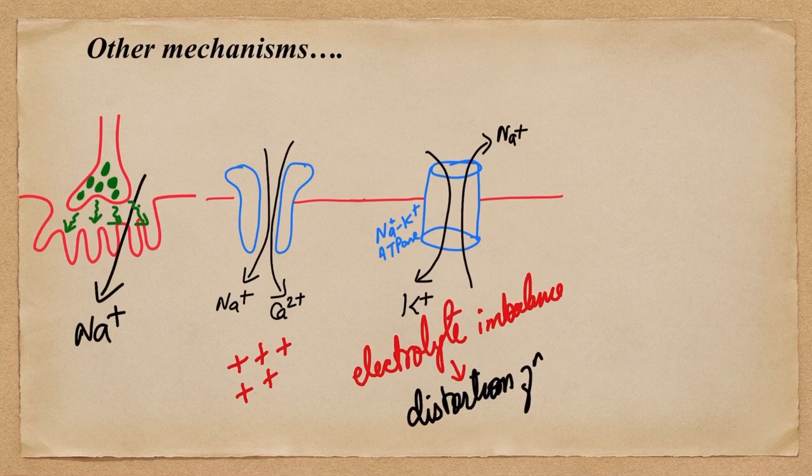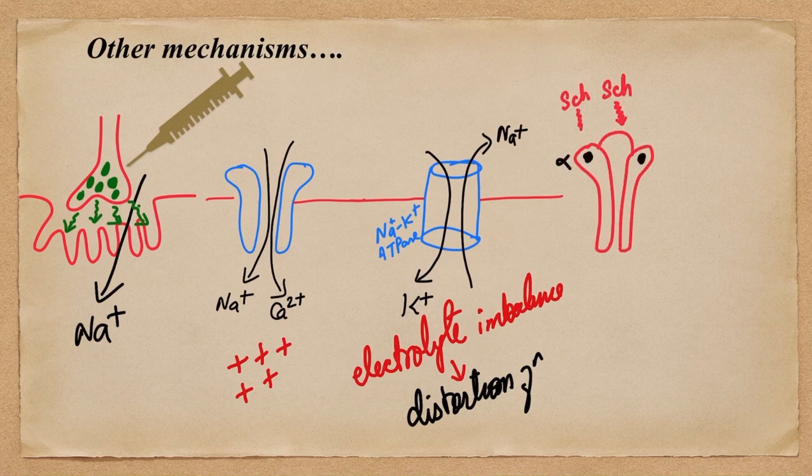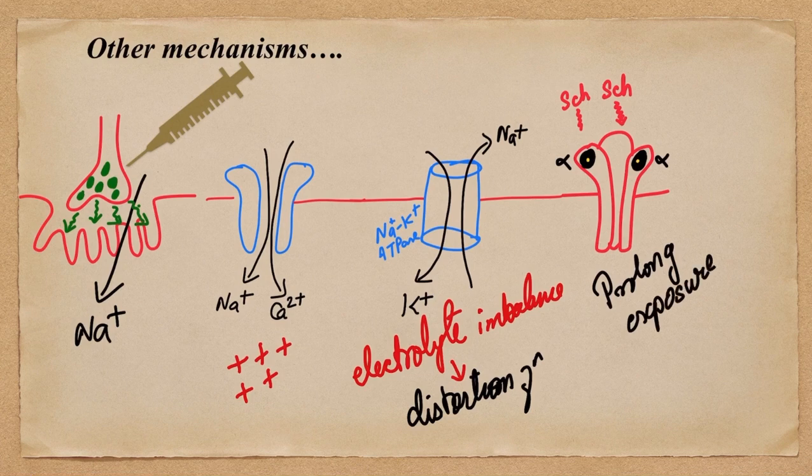And also there are a few anesthetic drugs that can interfere with the release of acetylcholine by acting presynaptically. And the last mechanism that we have already discussed is desensitization. The prolonged exposure of the acetylcholine receptor to succinylcholine results in desensitization and hence results in phase 2 block.